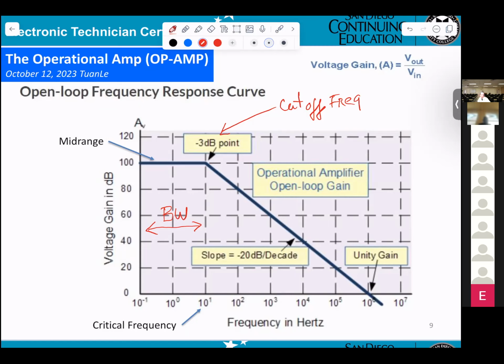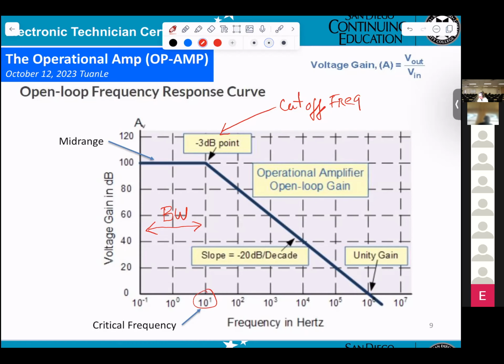So basically, with a bandwidth of only 10 hertz, you cannot do anything. Mr. Pham, the bandwidth in this case would be 10 as well, right? Yeah, it will be 10 hertz. You see right here, what they call the critical frequency.